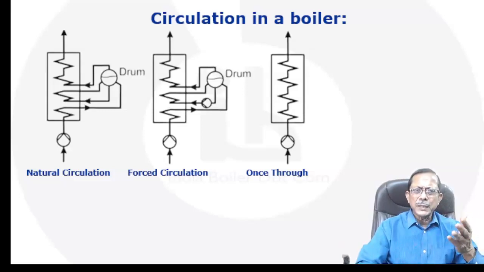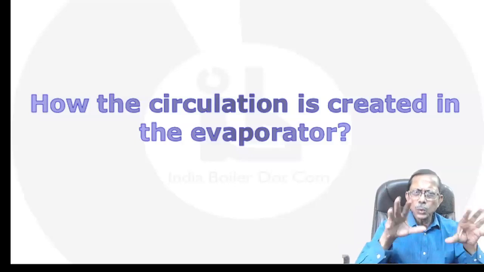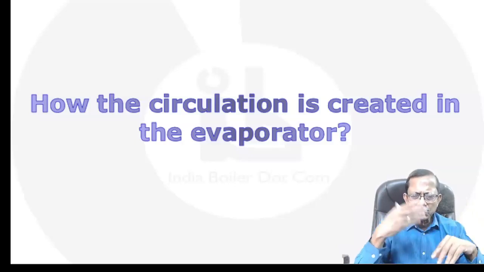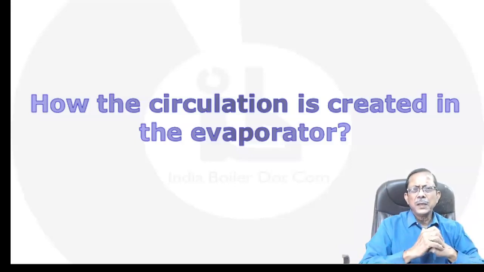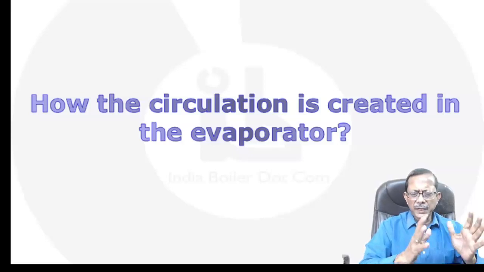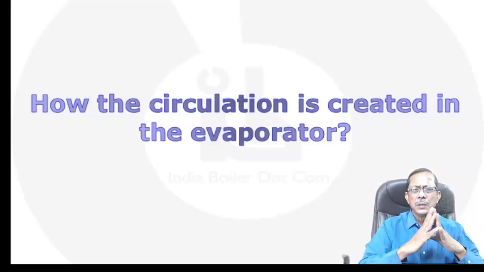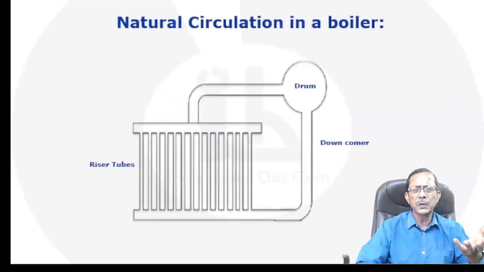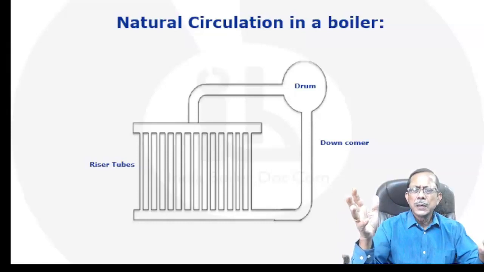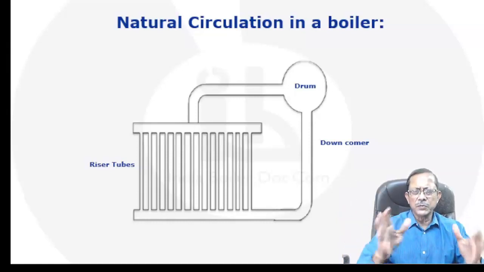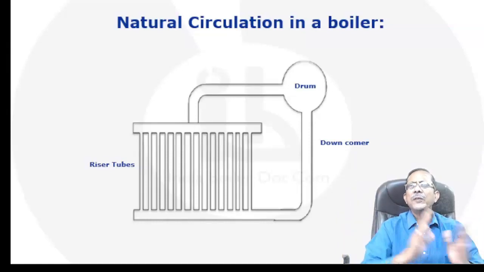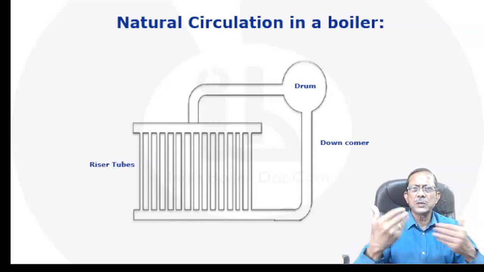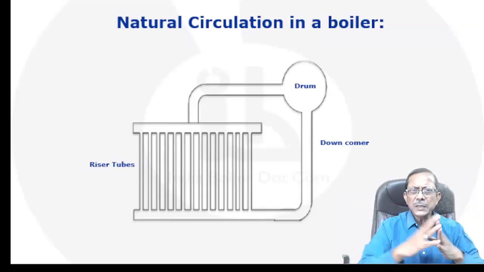Now, the forced circulation is created by the pump, but how is the natural circulation created? Now we are going to take a closer look at how the circulation is created in the evaporator circuit, particularly in case of natural circulation in a subcritical boiler system, right? So we are talking about natural circulation in a subcritical boiler system, which consists of a steam drum, a downcomer which is located outside the furnace, which does not get the heat of the combustion, right?